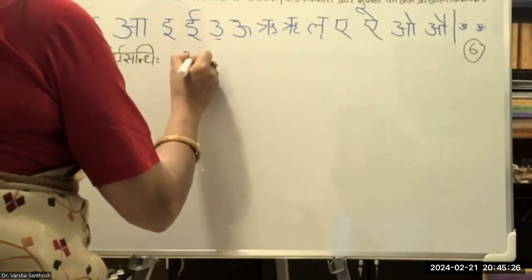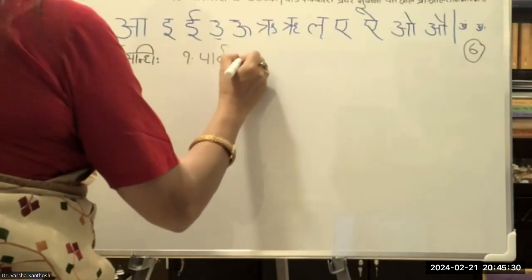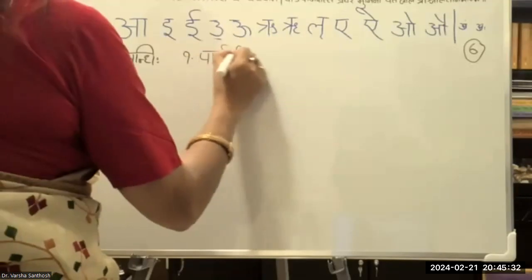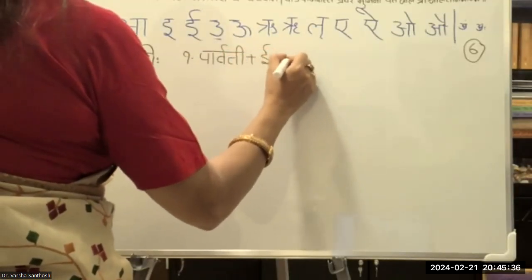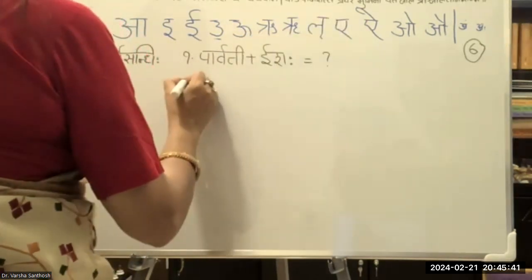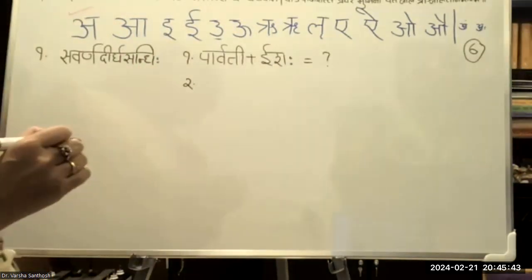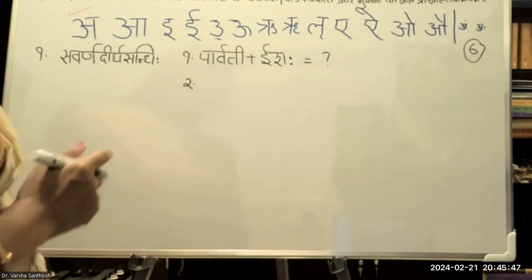You all write the answer and copy it and write the answer in your notebooks. We'll discuss this in a while. Parvati plus Isha is equal to, that is your answer over there. Okay, please do all the steps and then do it. It will become easy.